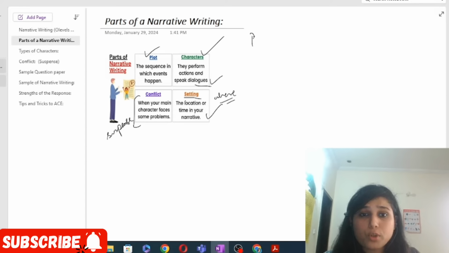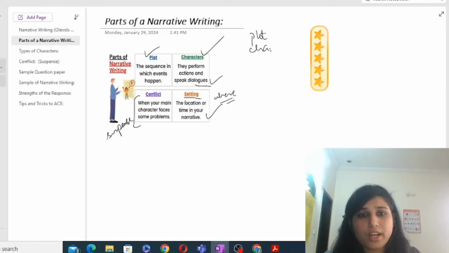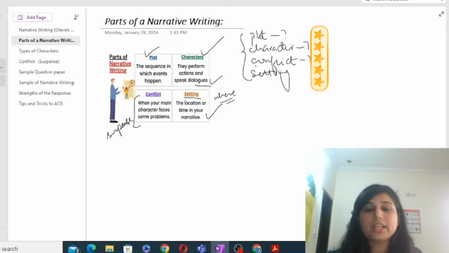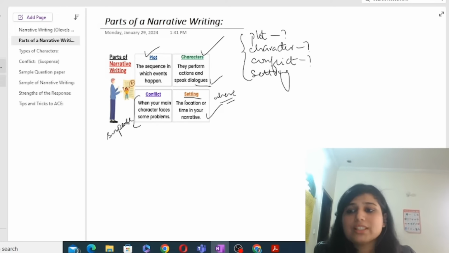So these are the 4 things which you need to write on your paper before writing a story: what is my plot, which characters I am adding, what is going to be the conflict or suspense in my story, and where the setting will be. These are the 4 things you have to make when you are starting your narrative writing, because if you do not know about the parts of a narrative, you will not be able to write a good story.